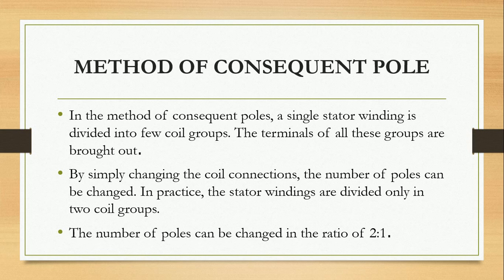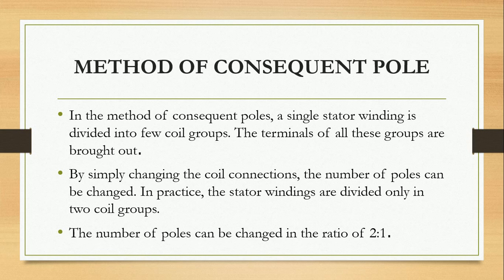In the method of consequent poles, a single stator winding is divided into a few coil groups. The terminals of all these groups are brought out. By simply changing the coil connections, the number of poles can be changed.